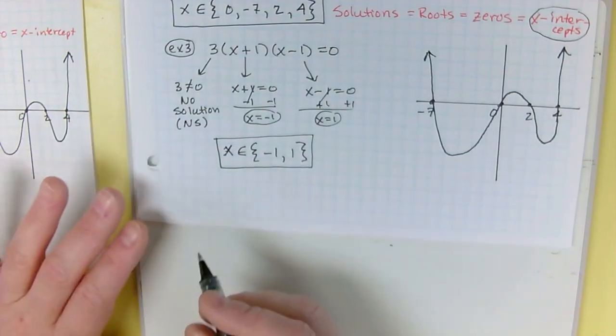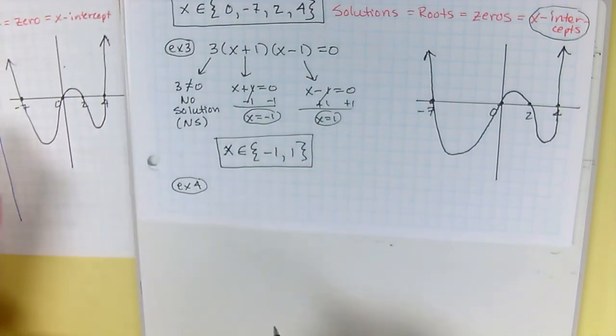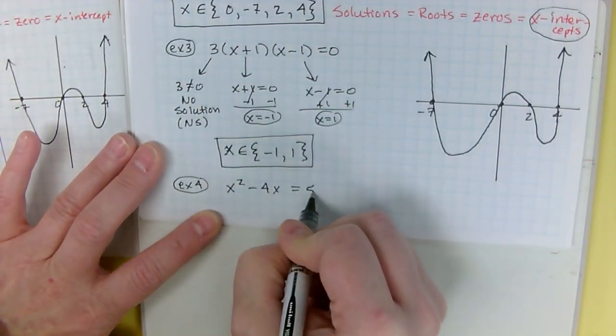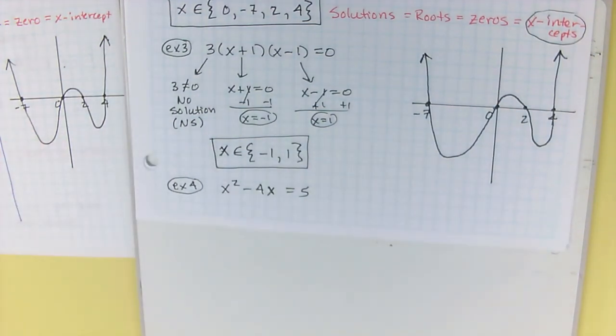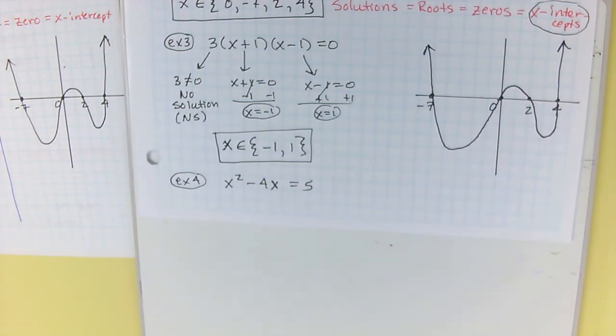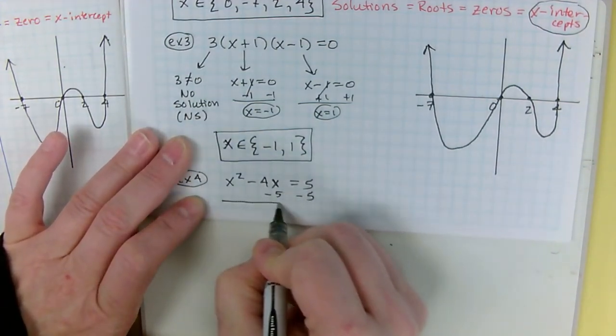Okay, very last one. We're not actually going to finish it. I just want to make sure that we did one. Let's say you've got x squared minus 4x equals 5. This whole process depends on the equation equaling 0. So on this one, before you can start to factor, you have to make it equal to 0. So we have to subtract the 5 over to the left.